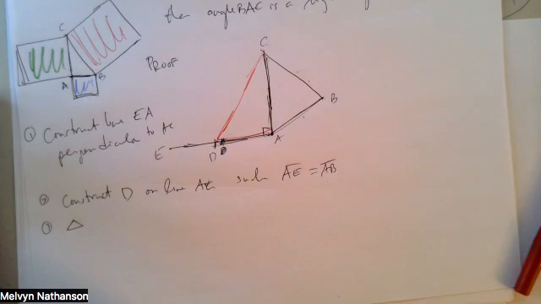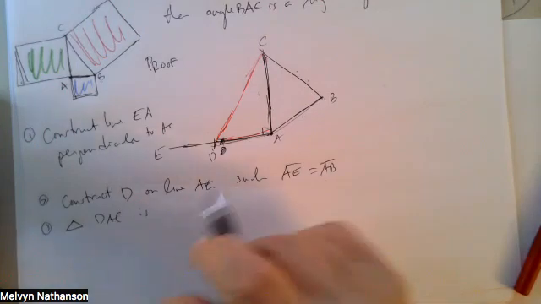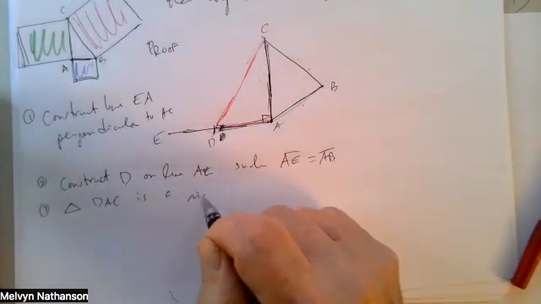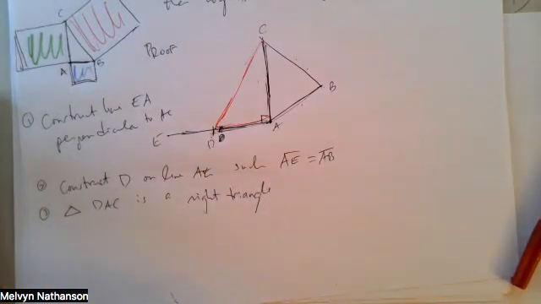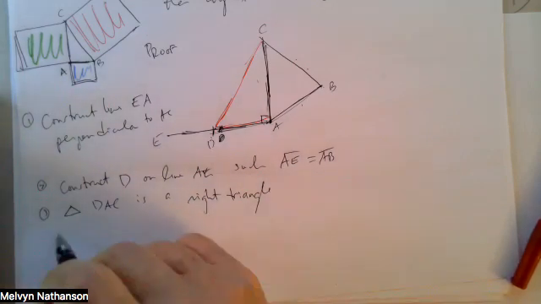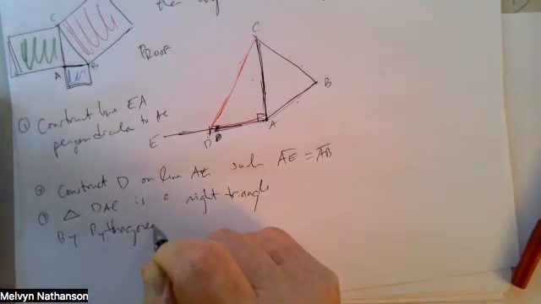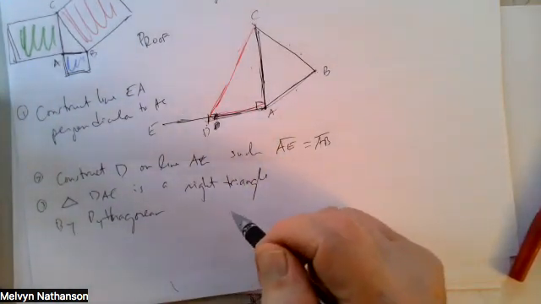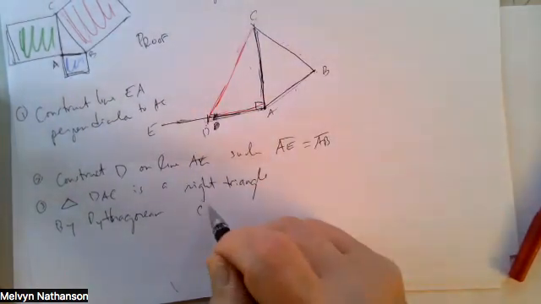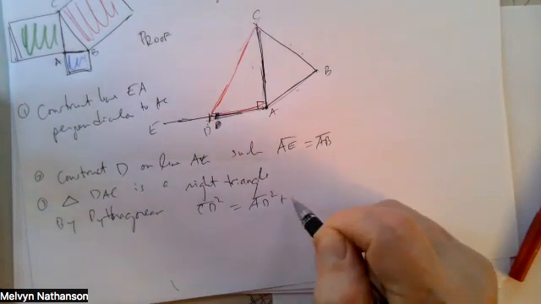So triangle DAC is a right triangle. So by the Pythagorean theorem, since this is a right triangle, the square on the hypotenuse is equal to the sum of the squares of the legs.